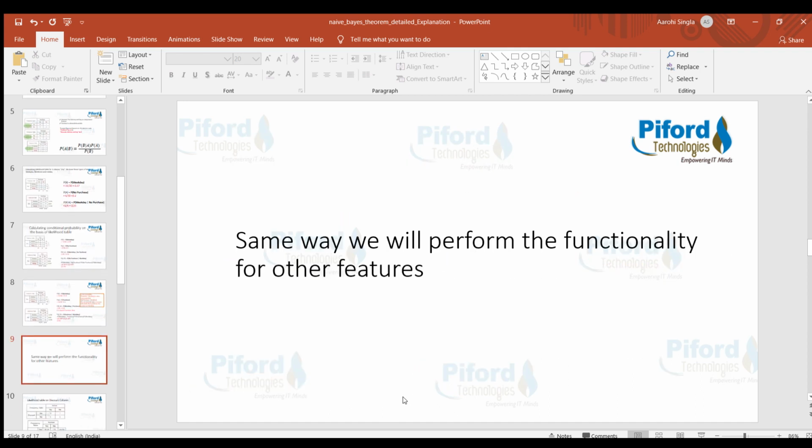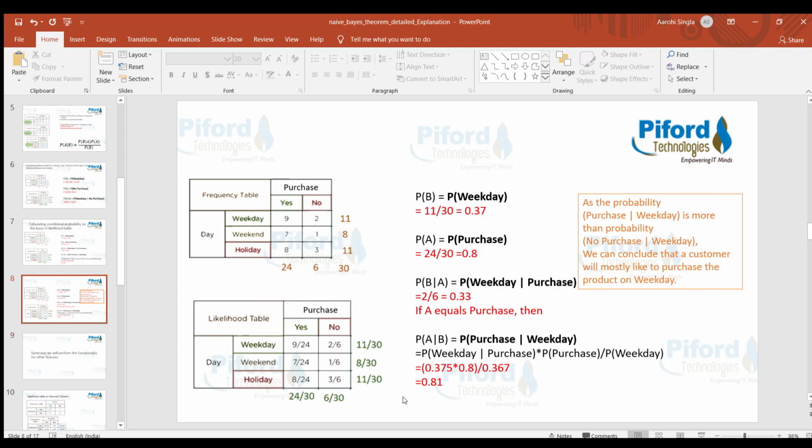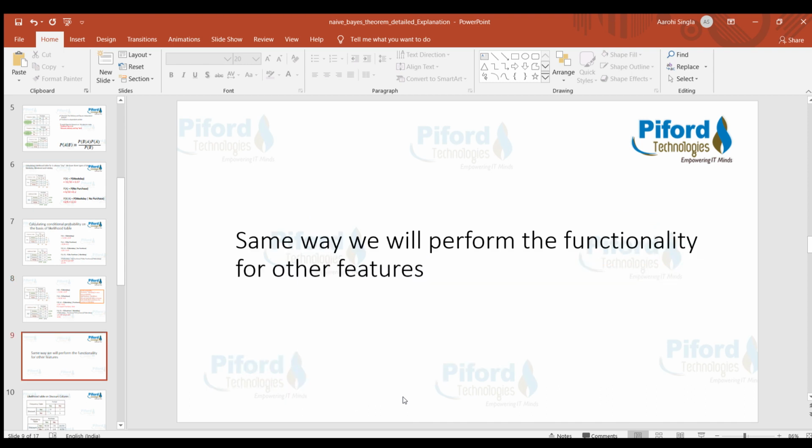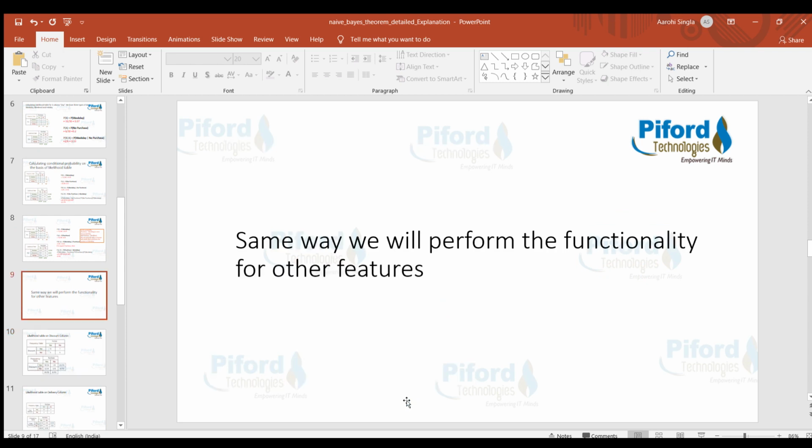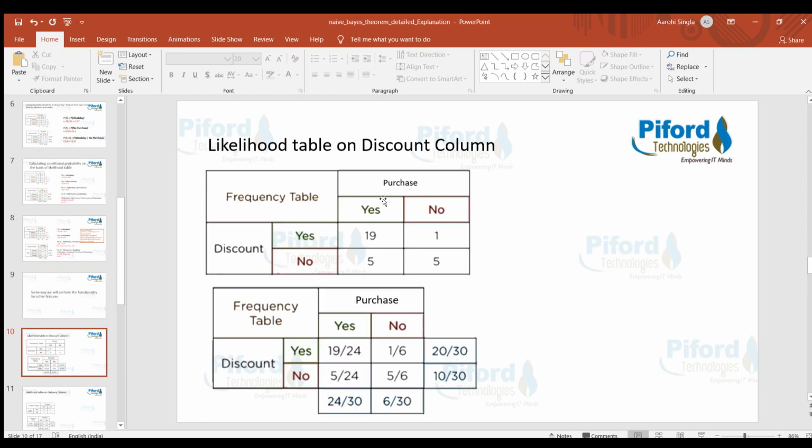So over here we have discussed only one column. Right now we have solved the Bayesian theorem, but only for the day column. In our data set we have three columns: day, free delivery and free discount. Now let's work on all the things together. For that we need this kind of table for discount also.